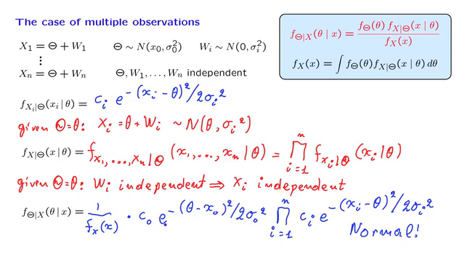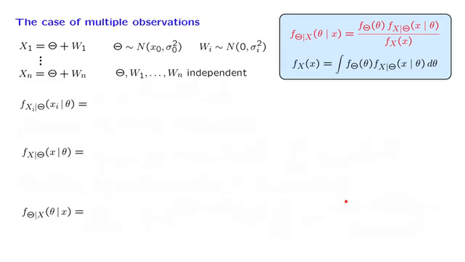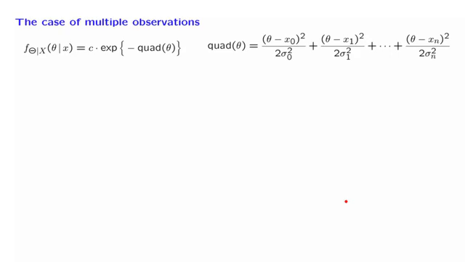We have e to a quadratic function in theta, and that quadratic function also involves the specific values of the x's that we have obtained. Let us copy what we have found and rearrange it. Once more, we have a constant, then the exponential of the negative of some quadratic function in theta, and the specific quadratic function that we calculated just before takes this particular form.